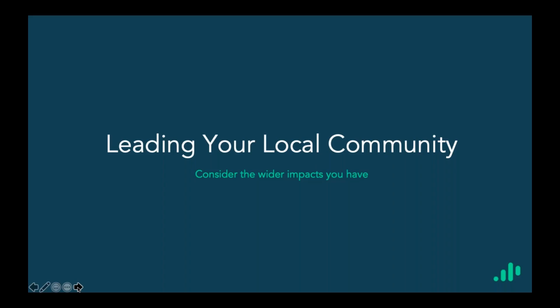The final thing I wanted to cover off today was to encourage you to consider the wider impacts that you have. So when you're thinking about ensuring that your strategy and your planning and your provision is meeting the needs of your community, we actually have some new consultancy reports that can help you to measure and articulate some of that in a very clear way.